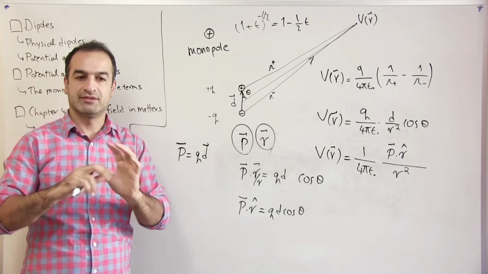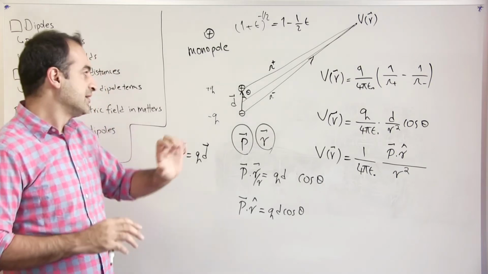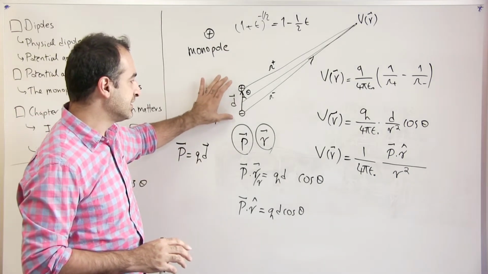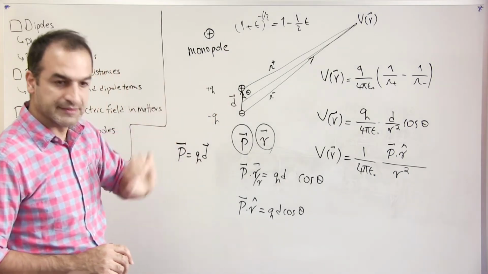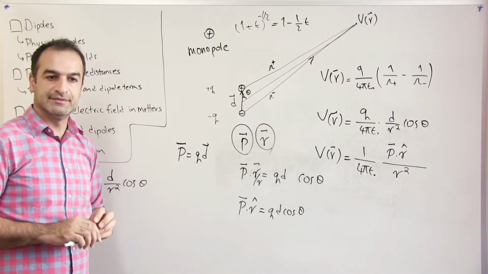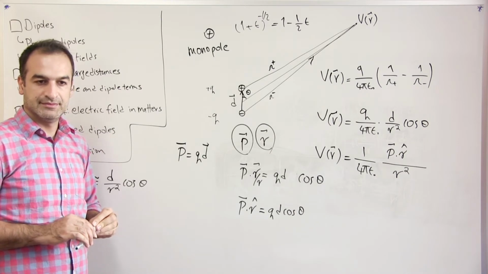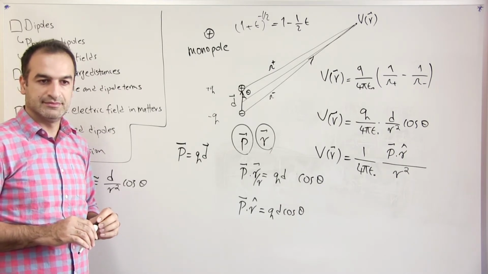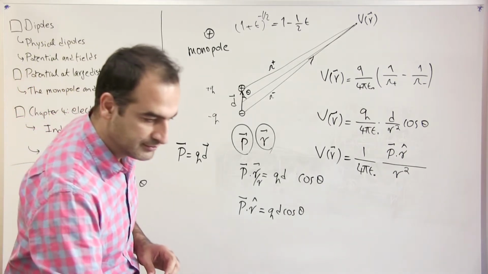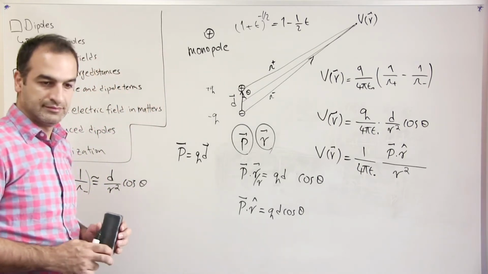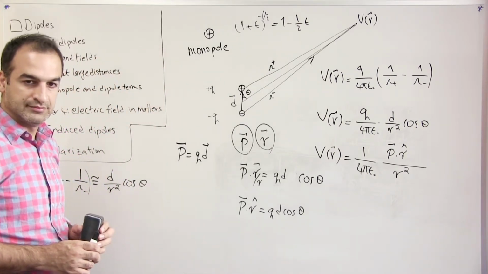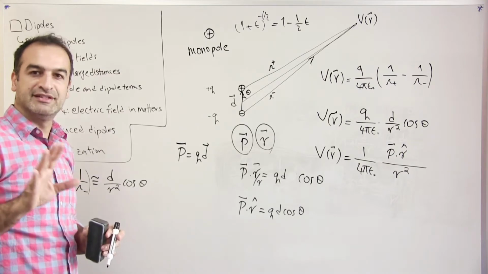But this is the most basic and clear way of defining a dipole. Sounds good? Any questions? Everything more or less clear here?